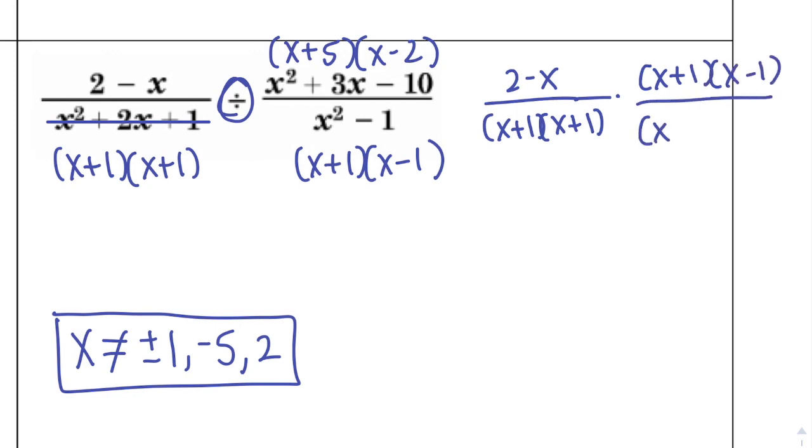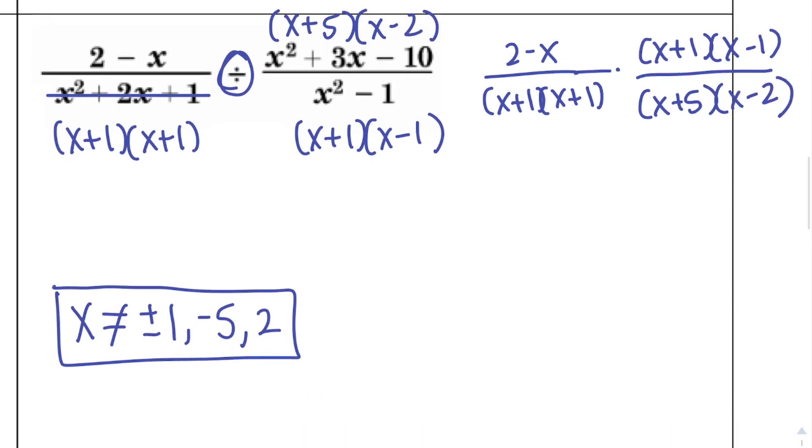And then the denominator, x plus 5 times x minus 2. So x plus 1 cancels, and then that's it.